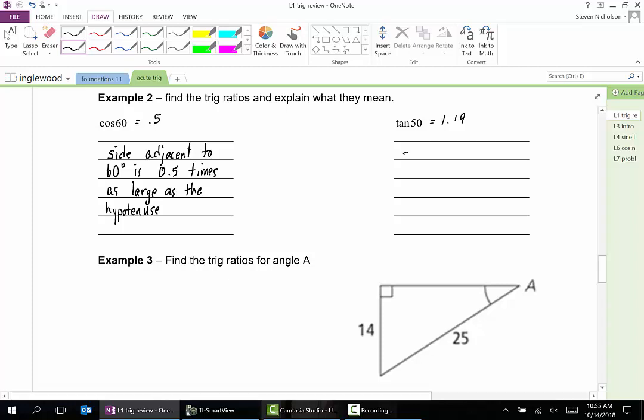So what that number represents is the side opposite to the 50-degree angle is 1.19 times larger than the side adjacent to that angle. The side adjacent to the 50 degrees.